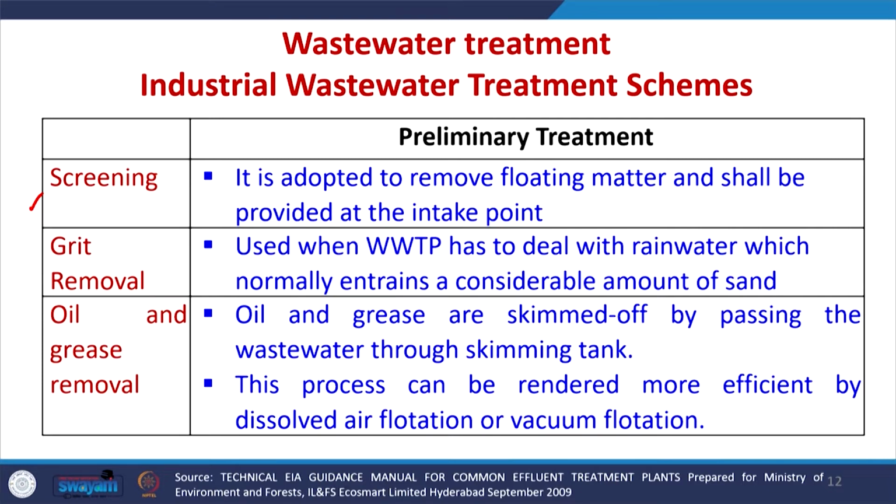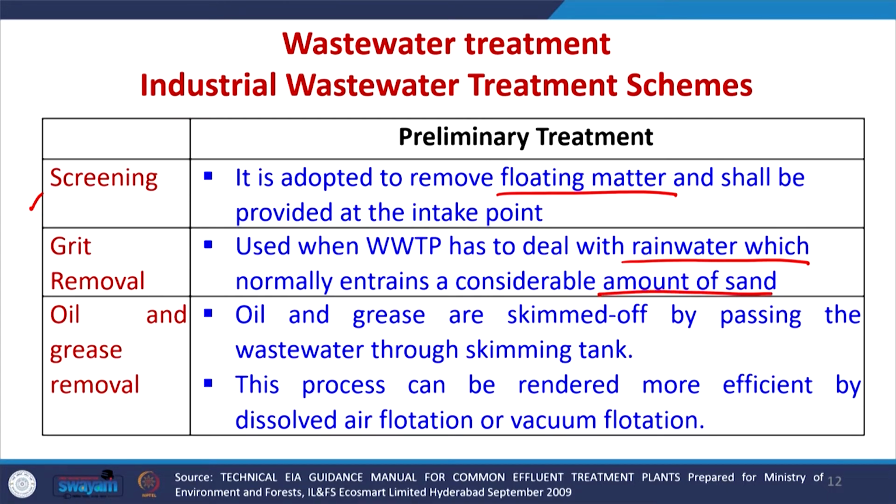In the preliminary treatment, screening is one of the first steps. It is adopted to remove floating material and is provided at the intake point. After that, we generally do grit removal, because the wastewater treatment plant has to deal with rainwater which may bring a lot of sand. So, we have to remove the grit.